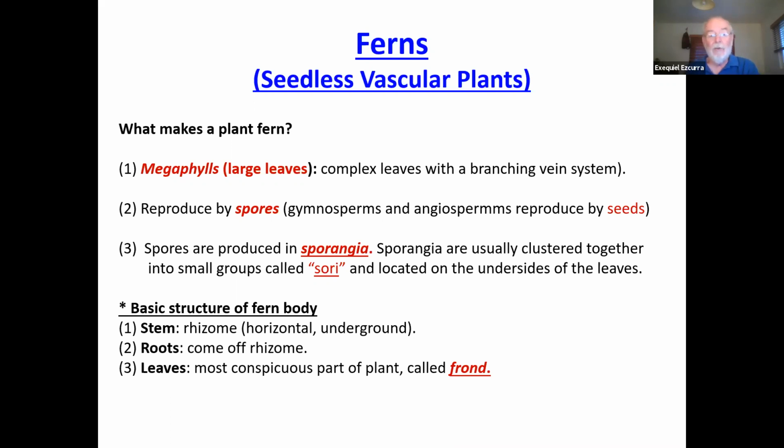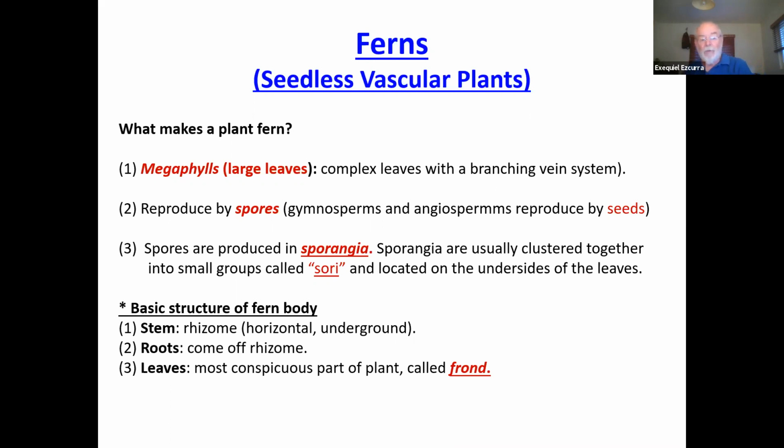And so the presence of spores and the spore-bearing structure called sporangia is what defines really ferns more than anything else. So the large complex leaves, the ability to reproduce by spores, and the presence of sporangia that are located on the underside of the leaves and look like little dots. They dot the underside of the leaf.